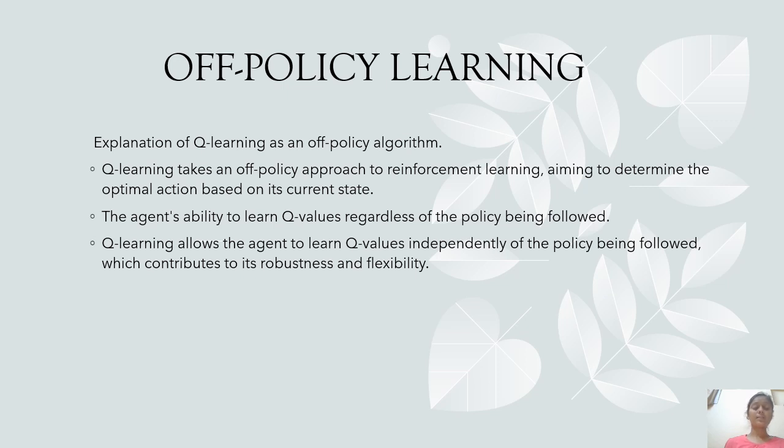The agent's ability to learn Q values regardless of the policy being followed. Q-learning allows the agent to learn Q values independently of the policy being followed, which contributes to its robustness and flexibility.